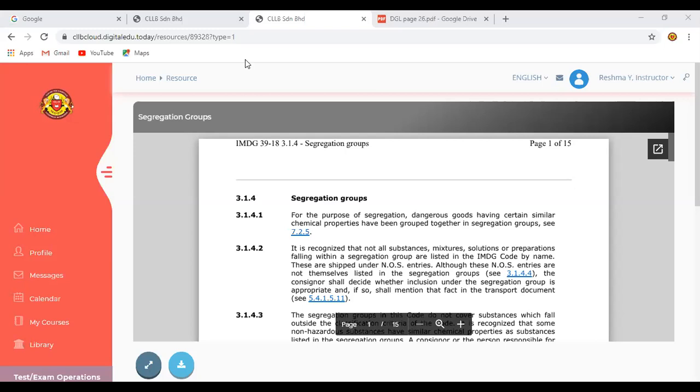Now you saw page 26 of your DGL. You open page 26 of your DGL. Now when you open page 26, this is actually the first page in volume 2 part 3. And what is the first number you see there? 0004, correct? So that is the first UN number, the starting number, 0004.